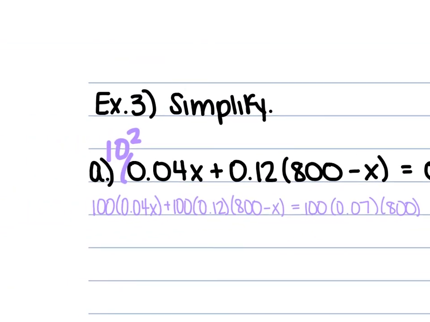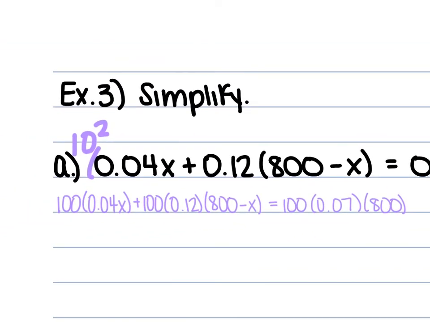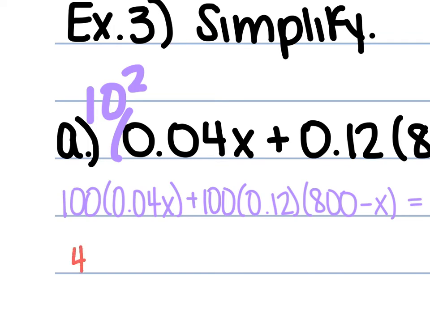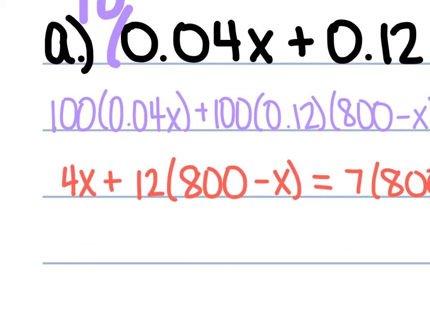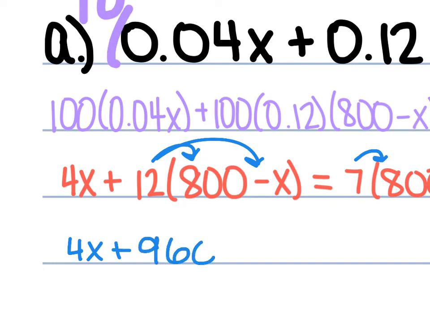So if we multiply these numbers by that 100, it's going to leave us with 4x plus 12 times 800 minus x is equal to 7 times 800. So then we can multiply the 12 times 800 times negative x and the 7 times 800 to give us 4x plus 9600 minus 12x is equal to 5600.